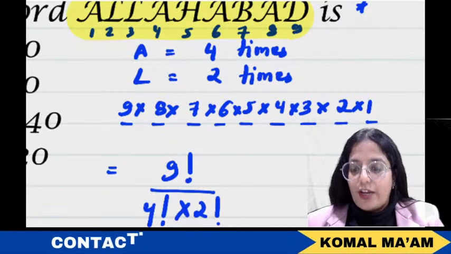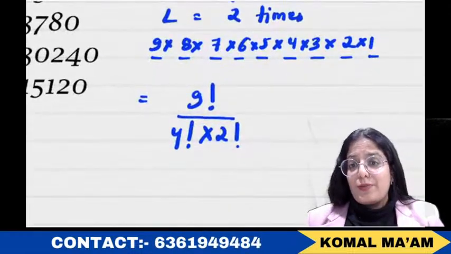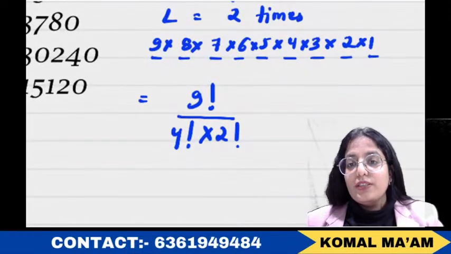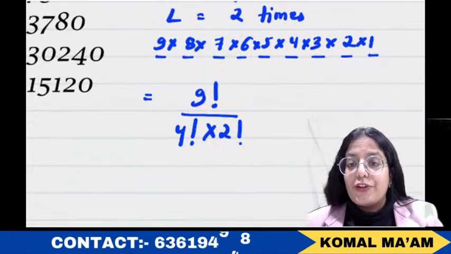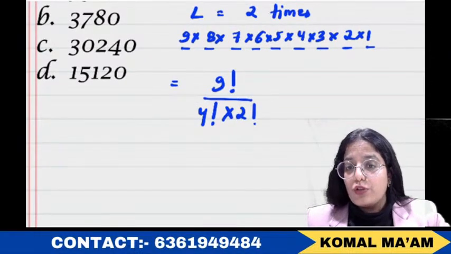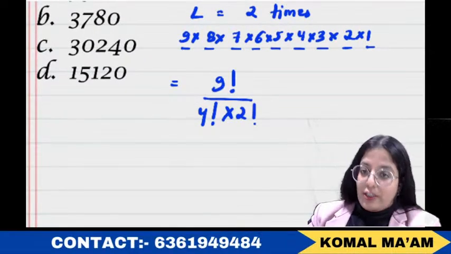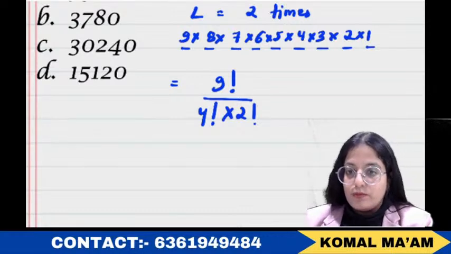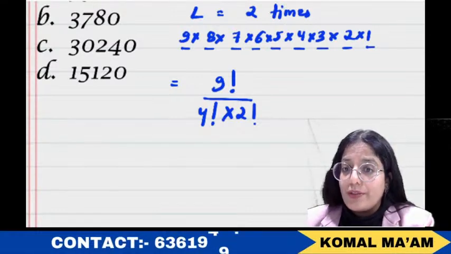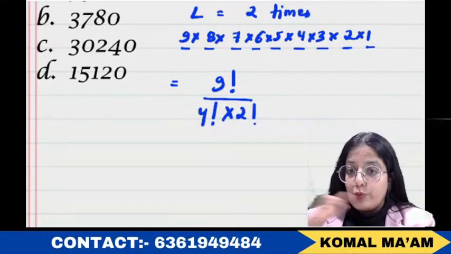This way you need to do the calculation. So how are you going to solve it? Guys, it's very easy. If you remember the factorial, well and good, no issues. But if you don't remember the factorial, you'll have to do it manually.